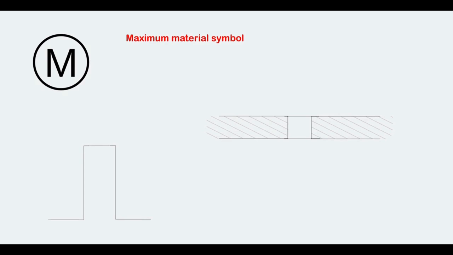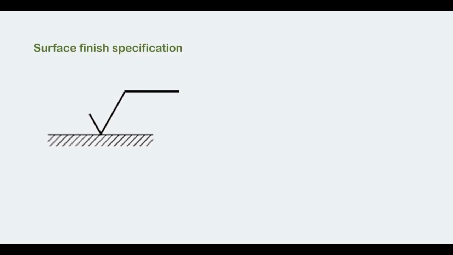A symbol is added to the drawing with necessary information which specifies how the workpiece must be formed and finished. This symbol is the basic symbol of surface finish specification. It specifies the surface which needs surface finishing. Here, the presence of the top line on the triangle indicates that material removal is required.